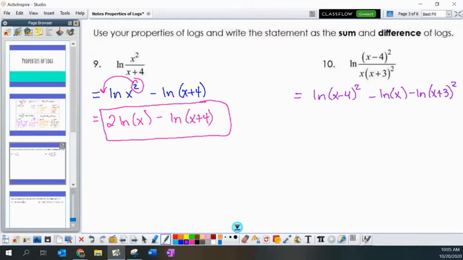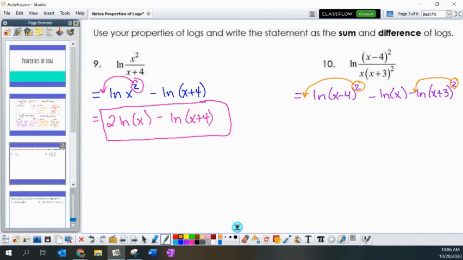Okay, so let's simplify this a little bit further. I don't want to stop quite yet because I noticed that I have these exponents, so I can bring those out front. It was important that we did split this log in the denominator, not only because it had to be split, but also because if we didn't, we would have seen that we had a problem because we would have been raising all of it times 2, and only the x plus 3 is going to get multiplied by 2 because only that part was raised to that power.